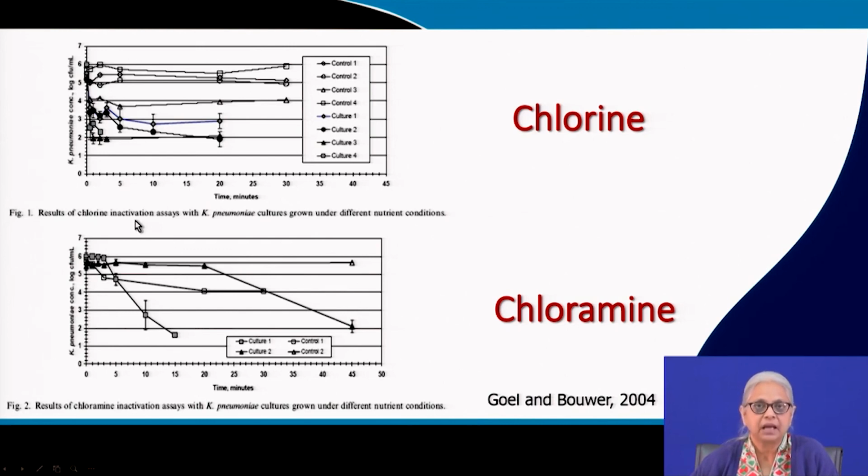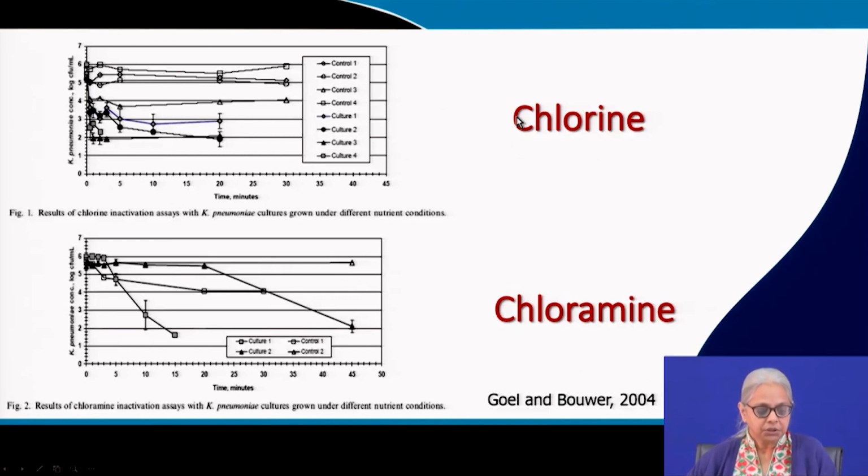These are laboratory assays that are done to determine how a particular species of bacteria or any other microorganism will respond to the presence of a disinfectant. In this case, it's chlorine and chloramine.